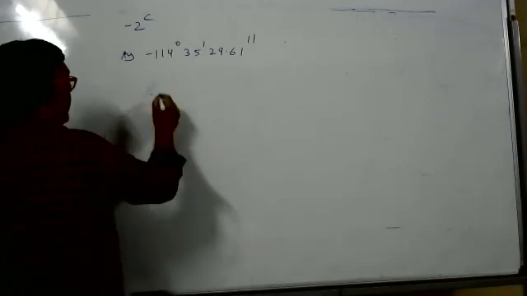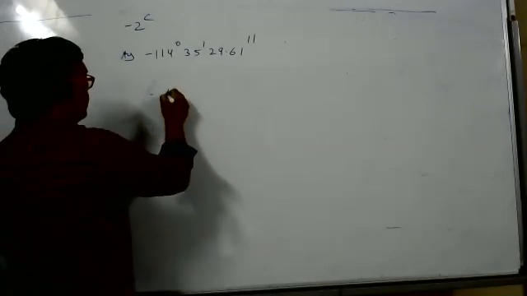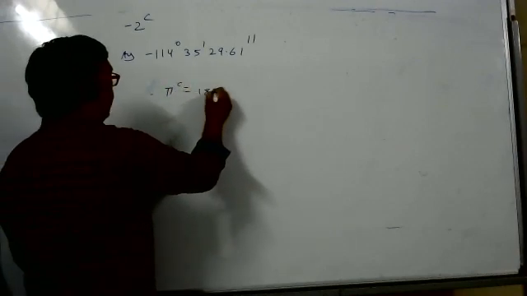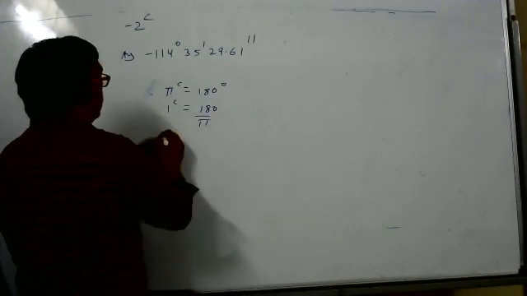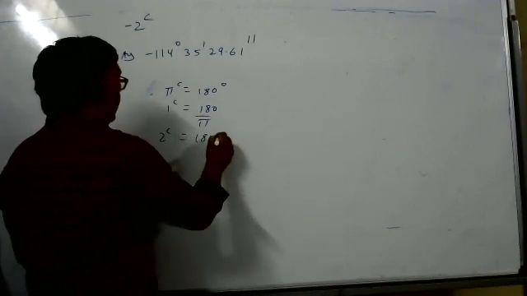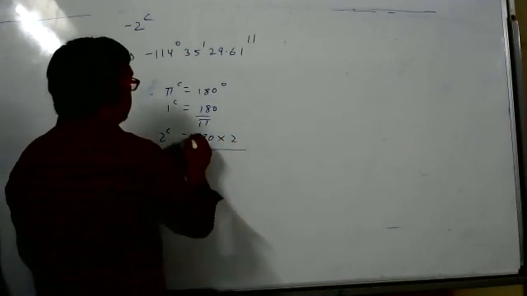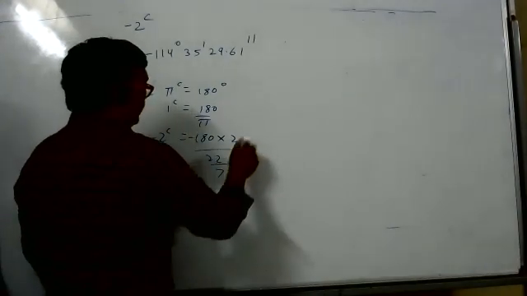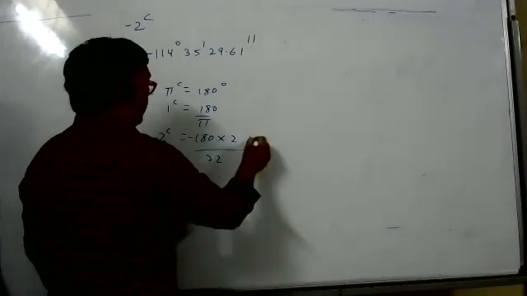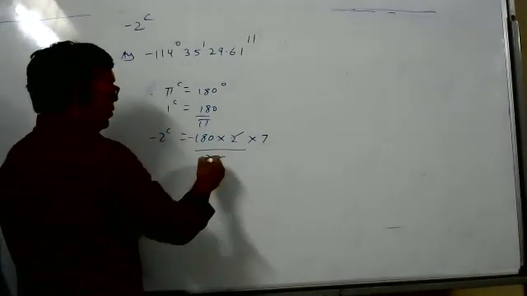So what is the formula? Pi radian is equal to 180 degree. 1 radian is equal to 180 by pi, and minus 2 radian is equal to minus 180 by pi into 2. Pi means 22 by 7. 22 by 7, so 2 you cancel, 11.